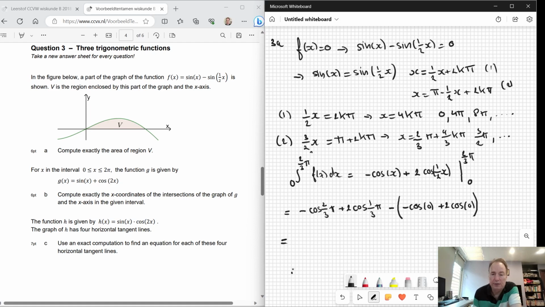Just do your unit circle, which is not easy. So 2/3 of pi. So this is 1/2 pi. And then you go 1/3.